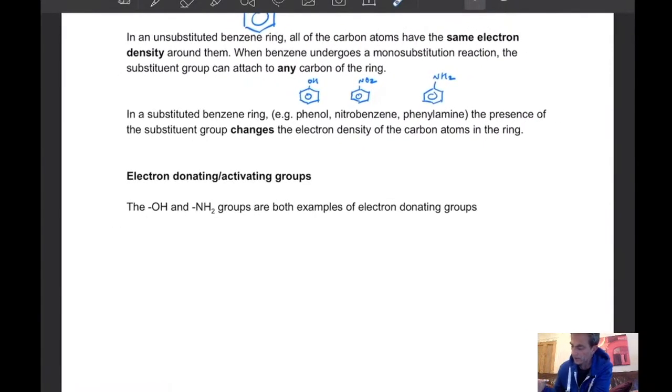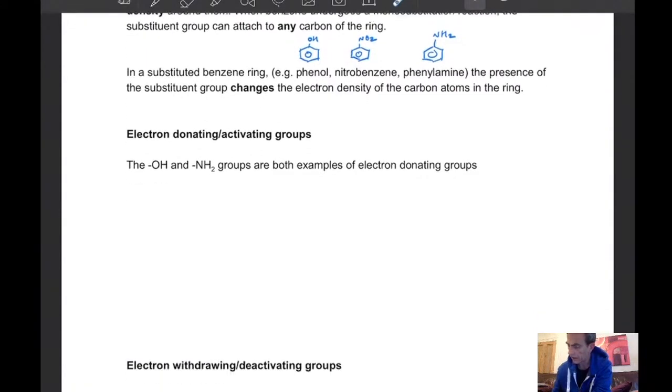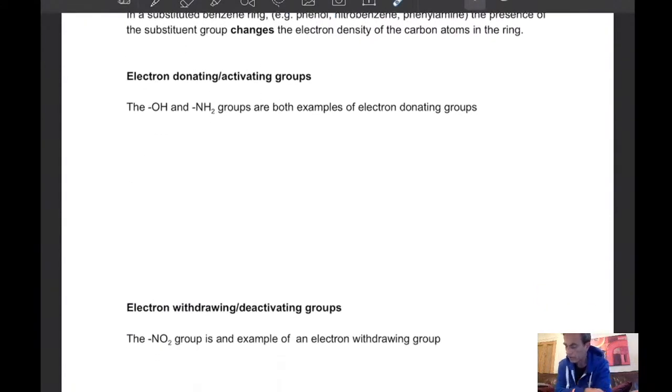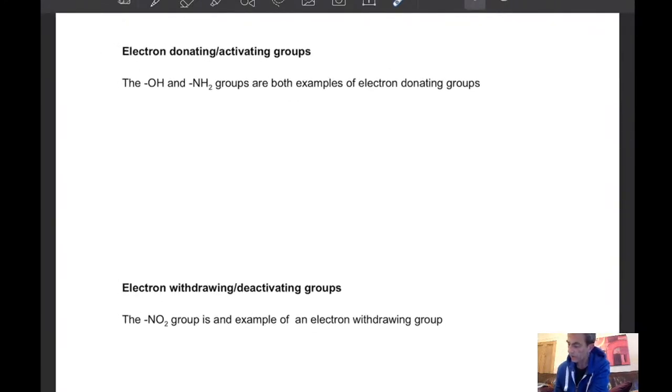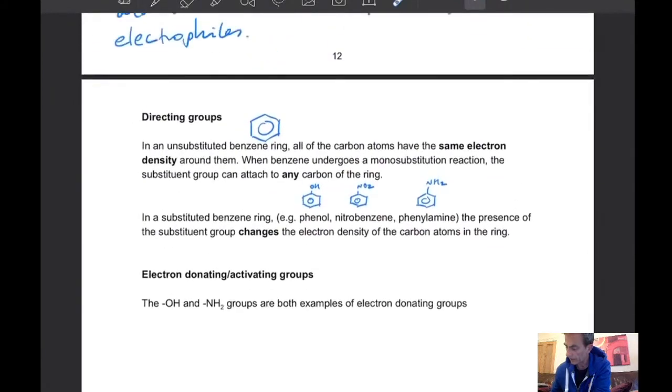So there are two types of groups that we need to deal with. The first type we'll look at are electron donating groups, or we can call them activating groups. The OH and the NH2 groups are both examples of electron donating groups. Hopefully that made sense.